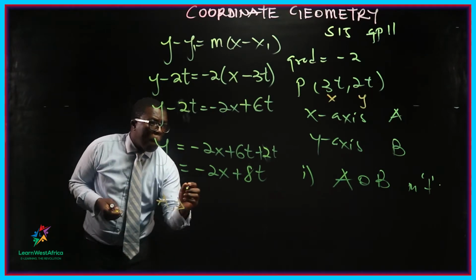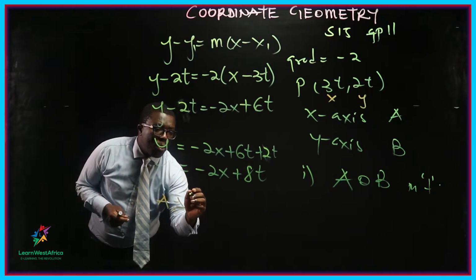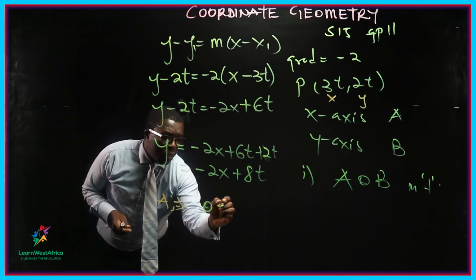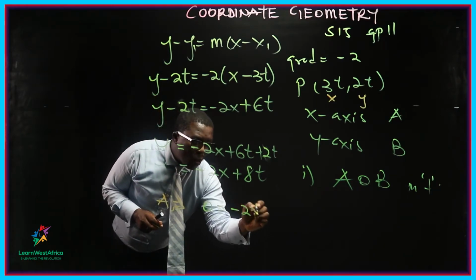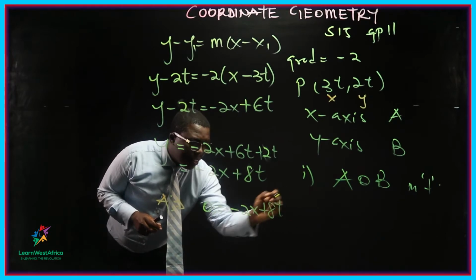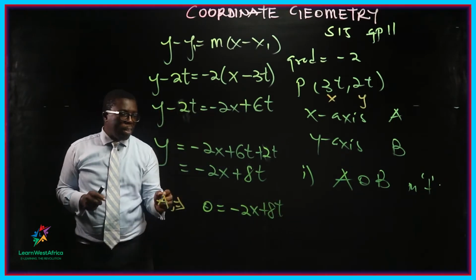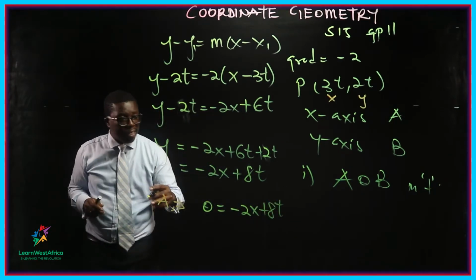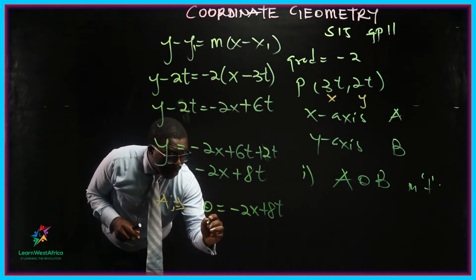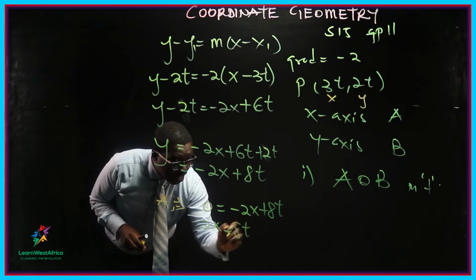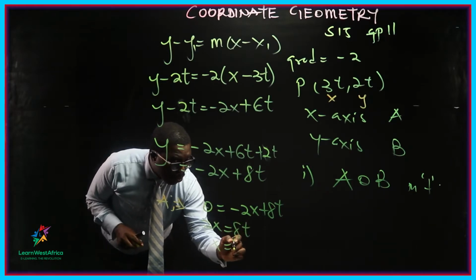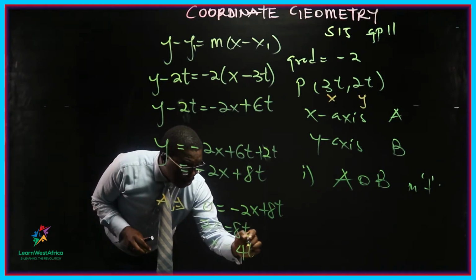So we're going to have 0 equals, not y, because y is 0, 0 equals minus 2x plus 8t. When you do the algebra and take that to the right side, you're going to have 2x equals 8t, and x gives you 4t.